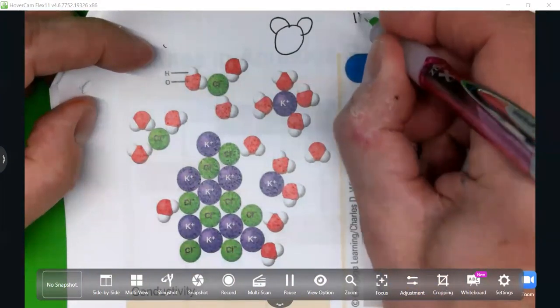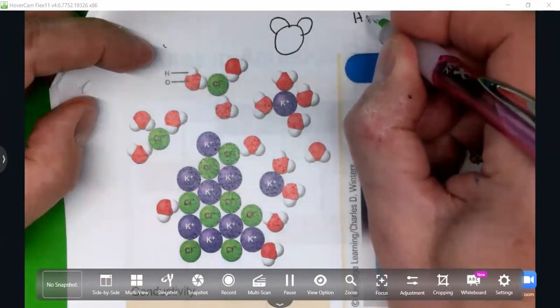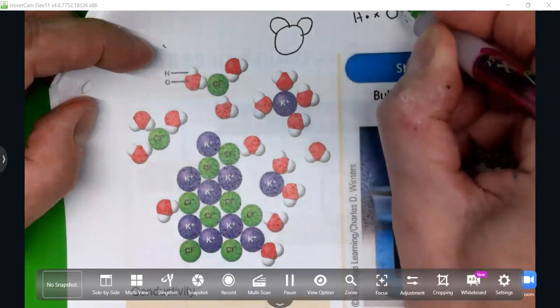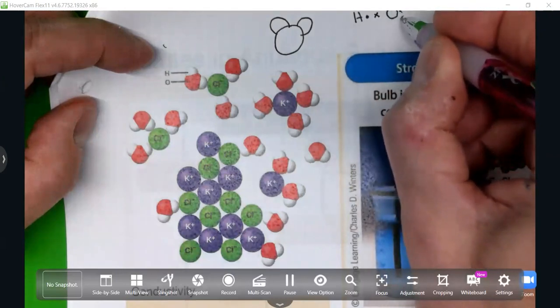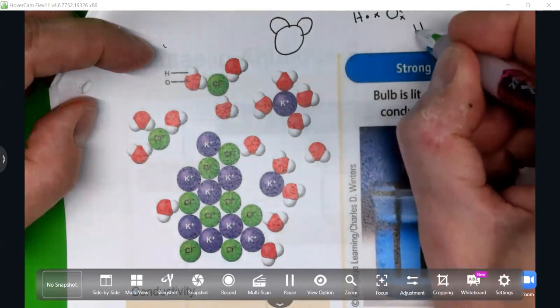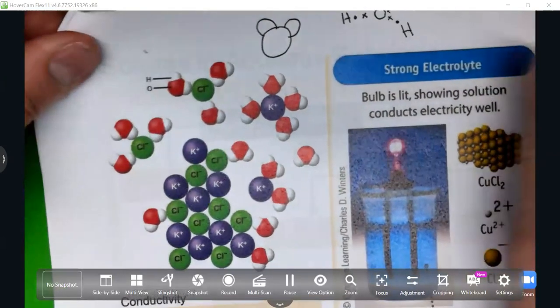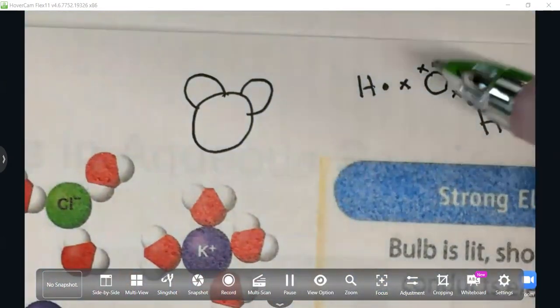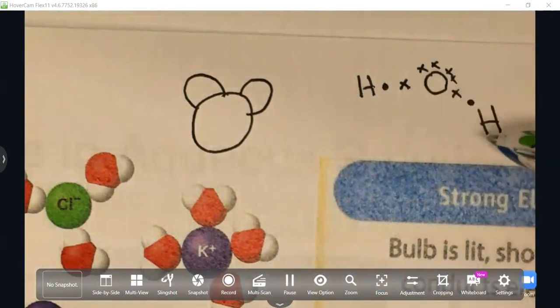And we know it takes a pair of electrons to make a bond. So you're going to hear me talk about this coming up. So this is what we're going to do for Lewis structure for water towards the end of the semester.